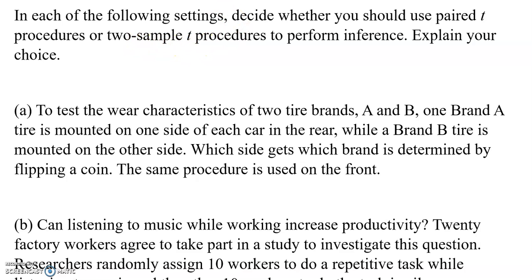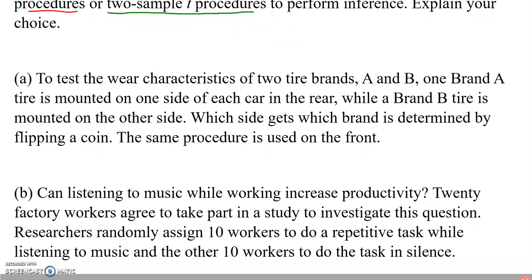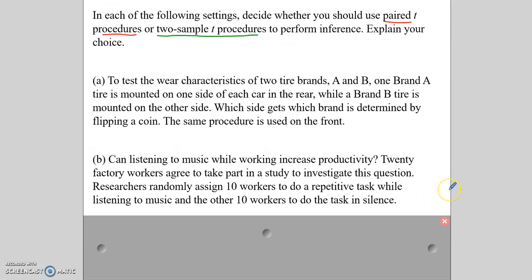If you remember, paired t-procedures, we learned about those in Chapter 9. That's basically doing a t-test on paired data on just the differences. And now in Chapter 10, we learned two sample t-procedures. So for each of these situations, decide which of these two should be used. You can go ahead and press pause, read those over, and then press play when you're ready to check your answer.